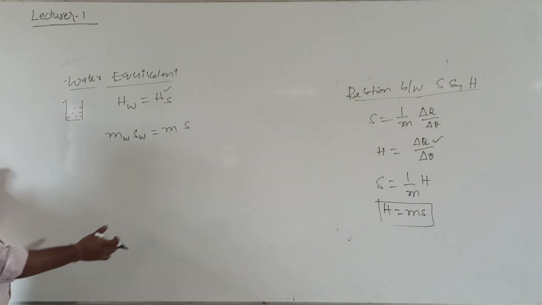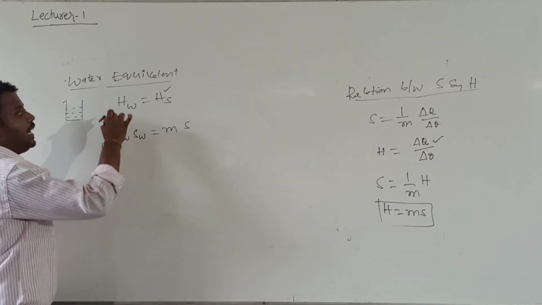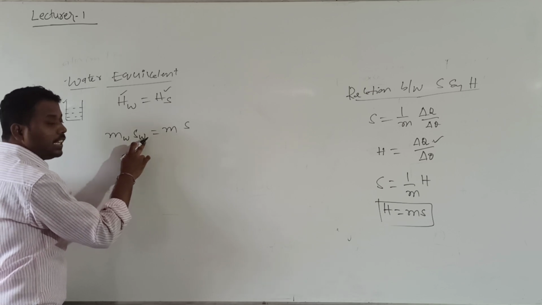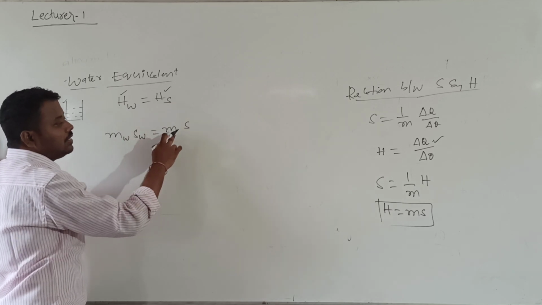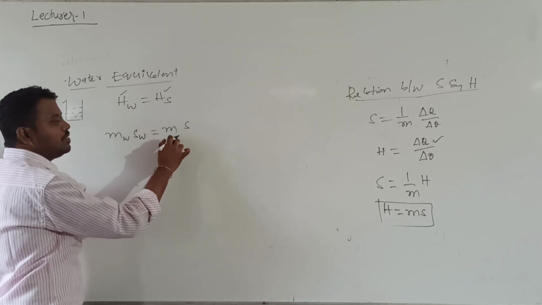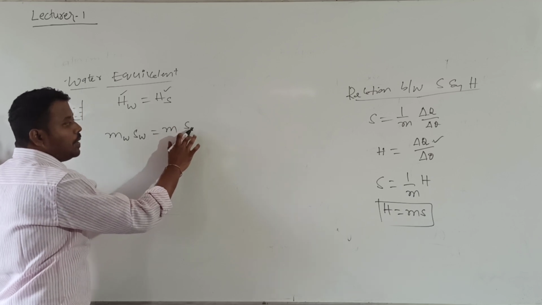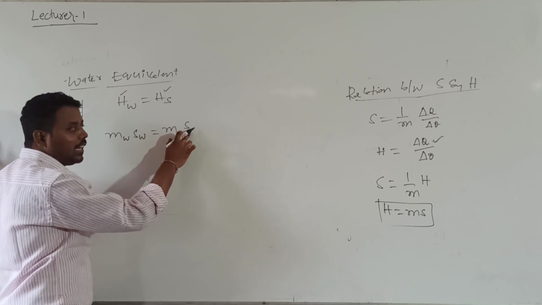Can I write? Just now we wrote the H value as m into s. What is the heat capacity of water? Mass of the water into specific heat capacity of water. Whereas the heat capacity of the substance is simply mass of the substance, ms and ss is somewhat confusing. So the mass of the substance I call m and the specific heat capacity of the substance I call s.